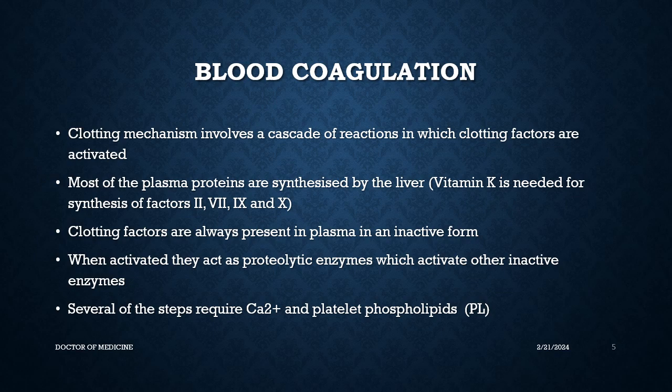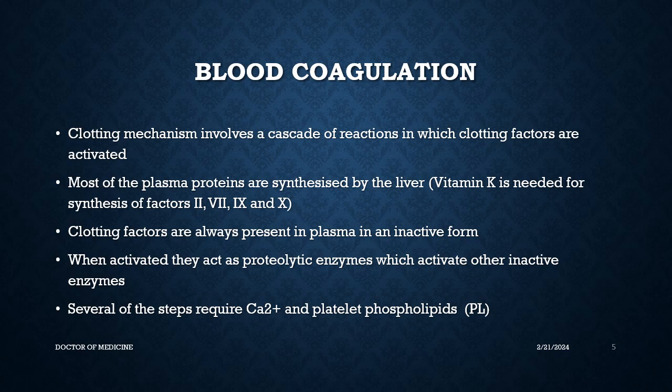So the clotting mechanisms will involve a cascade of reactions in which clotting factors are activated. We have 13 clotting factors that are used in both the intrinsic pathway and the extrinsic pathway. Okay, so most of these plasma proteins are synthesized in the liver by action of vitamin K. We'll look at how the liver is involved in these clotting factors.